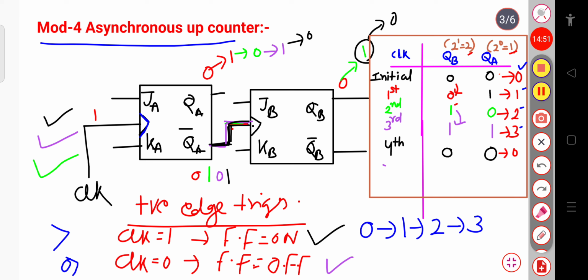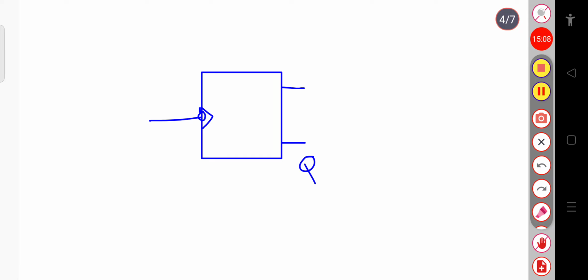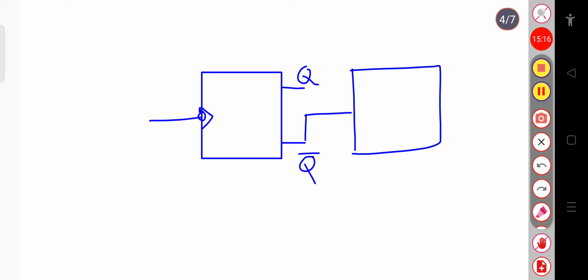And in the case of negative edge triggering, suppose this is the output Q bar, and this is Q. If this Q bar is connected to the clock pulse of the second flip-flop, then this will be called the negative edge triggered down counter.